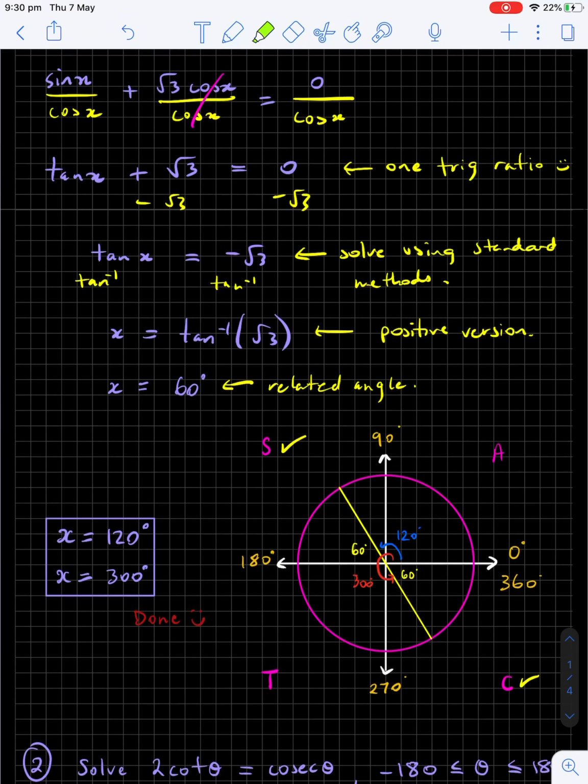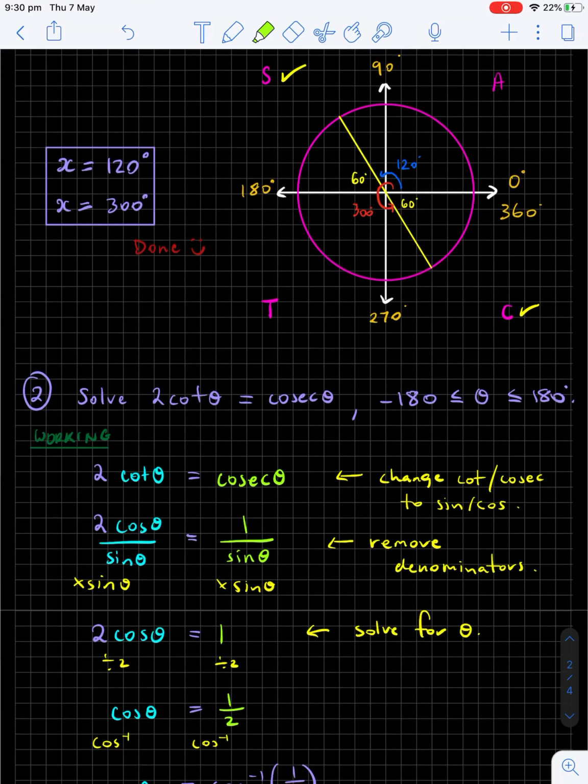So we're only going anti-clockwise. In the fourth quadrant, when we make our 60 degree angle, we've got to go all the way around, and that's going to be a 300 degree angle. So we get 300. These are our two values for x. Done. Okay, let's try another one.